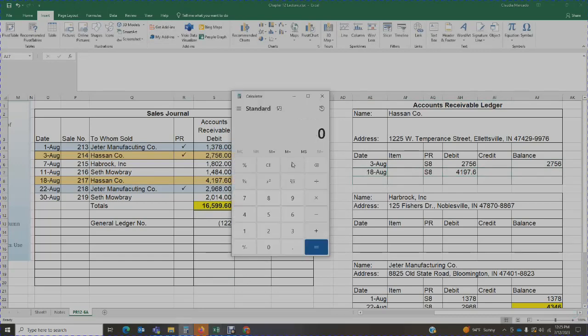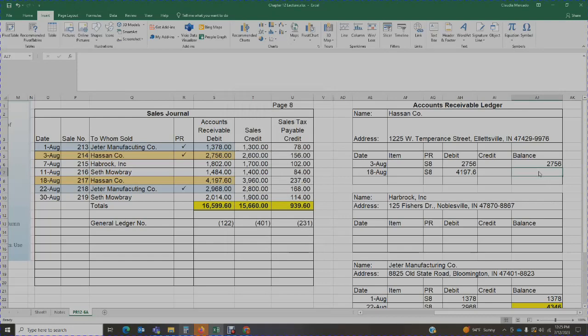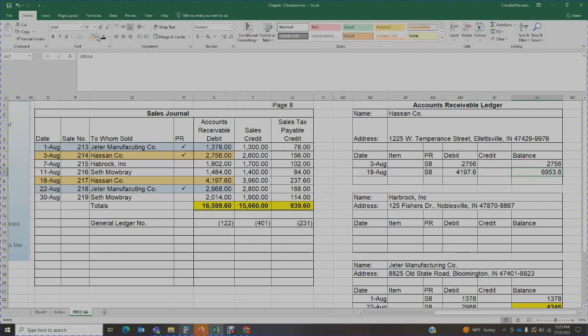So we're going to add 27.56 plus 41.97.60. That will be 69.53.60. So that is my ending balance for Hassan. Okay, and I've posted that one as well.